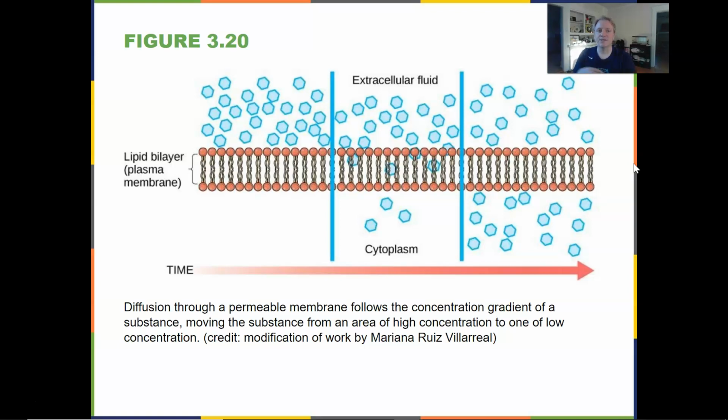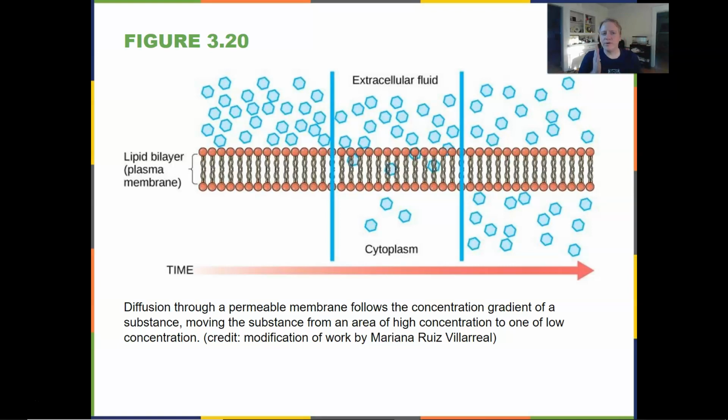Basically, if you put a whole bunch of stuff in one area, it's going to naturally tend to move away from that. The way I like to say it is, imagine we're sitting in class one day, and I say, everyone go stand in a corner. This example works way better before COVID too. Imagine I say, everyone get packed into the corner, and then I leave the room for a couple of hours.